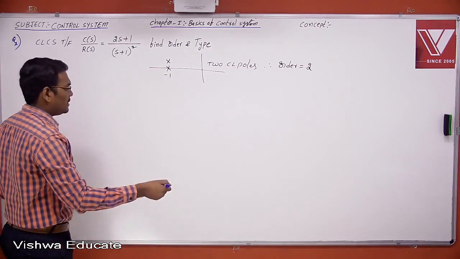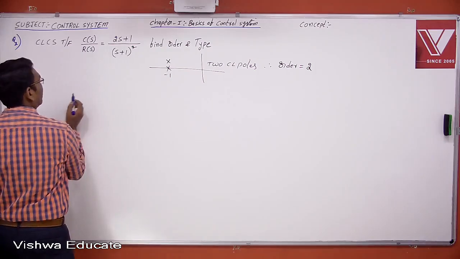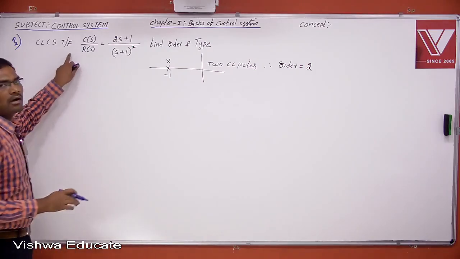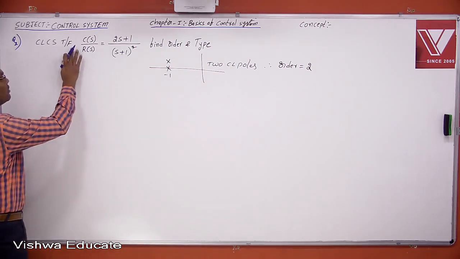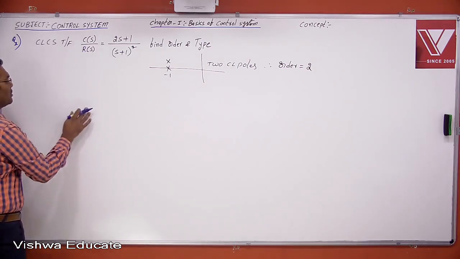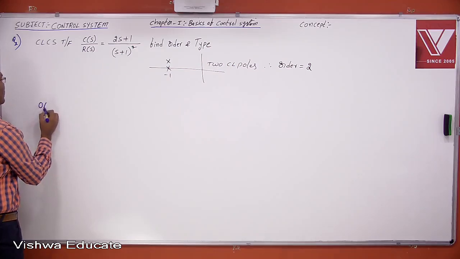In the last session we also identified how to convert a closed loop control system to an open loop control system. This is the closed loop control system. To get from it to the open loop control system, I am giving one shortcut method.